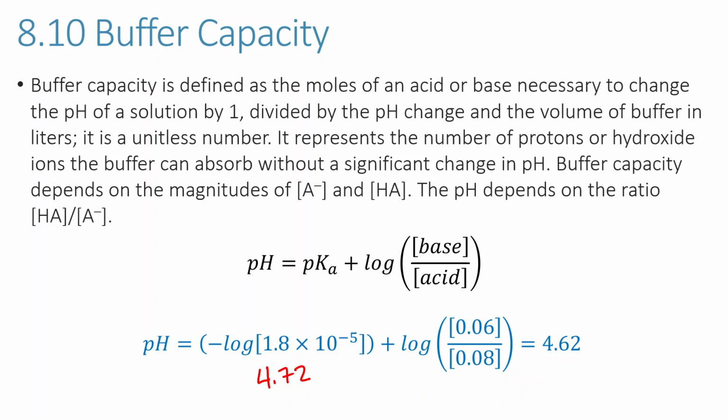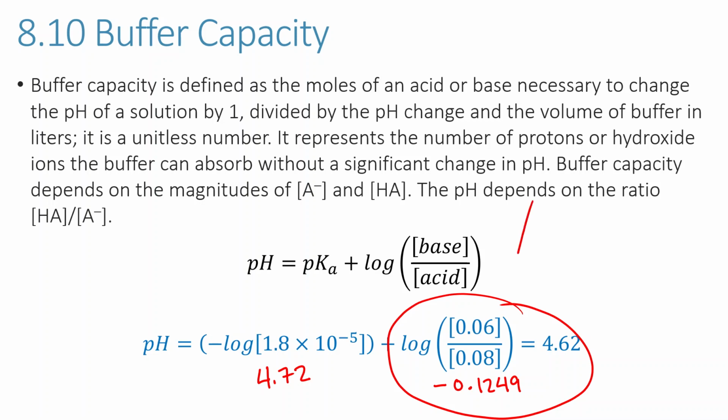So then whenever we do the log of this ratio here, that's the ratio of acid to base in my buffer solution. So whenever I do that here, I get negative 0.1249. So this piece right here, this ratio, is what dictates the pH of my buffer system. How much of that is present dictates my buffer capacity.